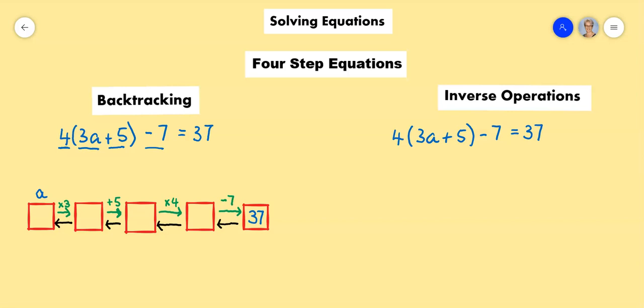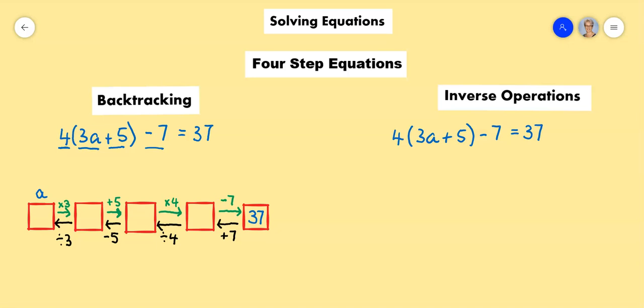So when we backtrack, we're going to use inverse operations in the reverse order. So the first thing we've got to do to undo the equation is to plus 7. Then we divide by 4. Then we minus 5. And then we divide by 3.